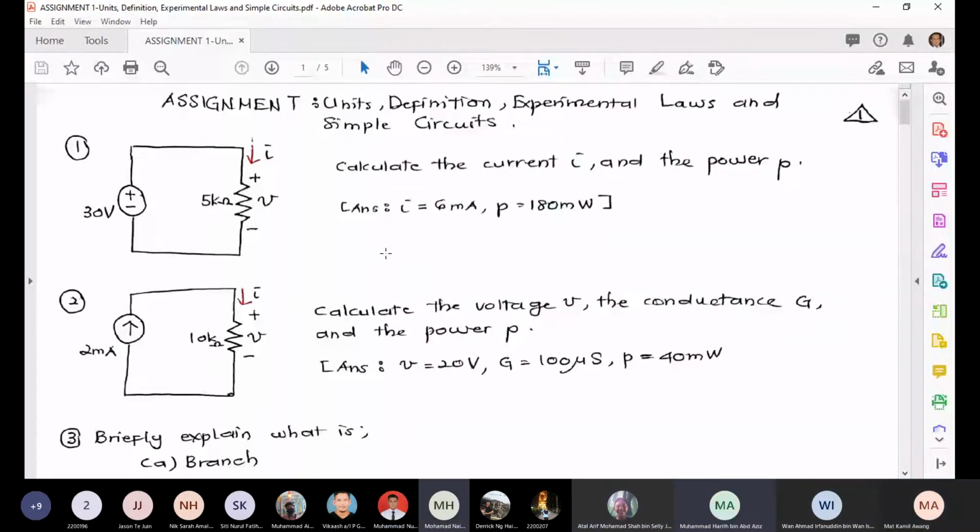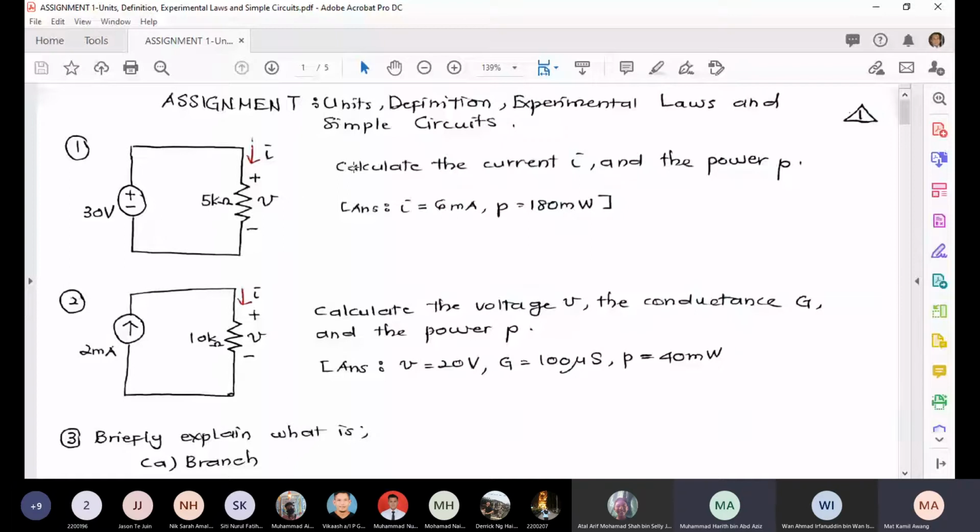And what is the resistor? It's 5 kilo ohm.